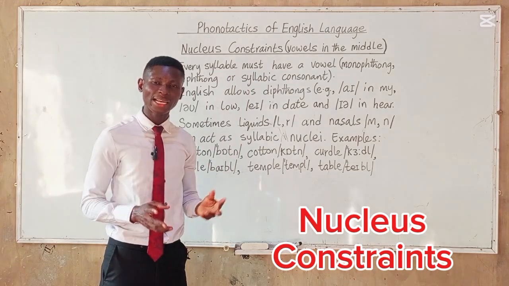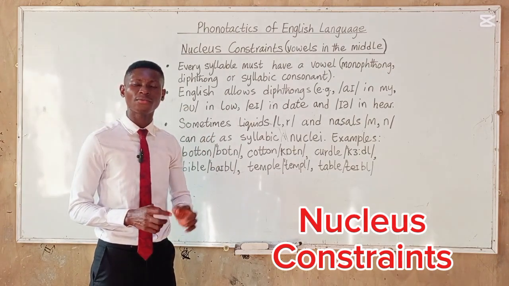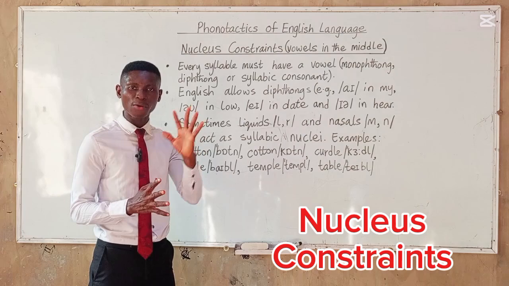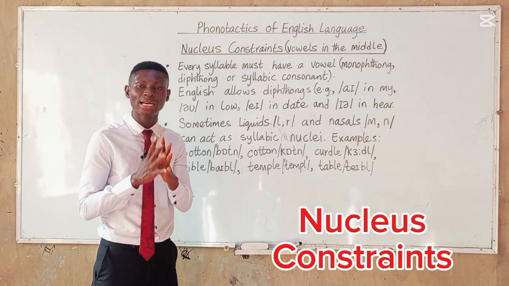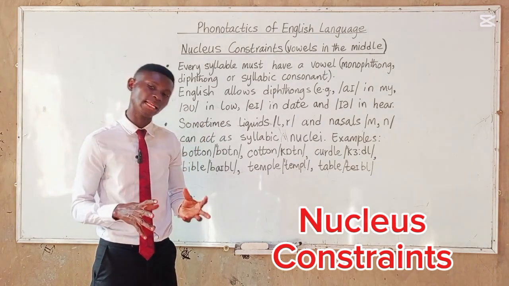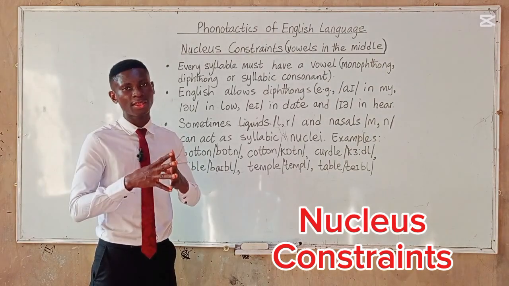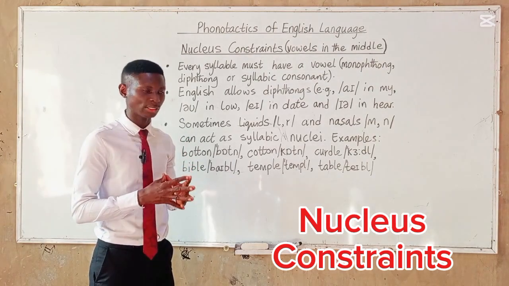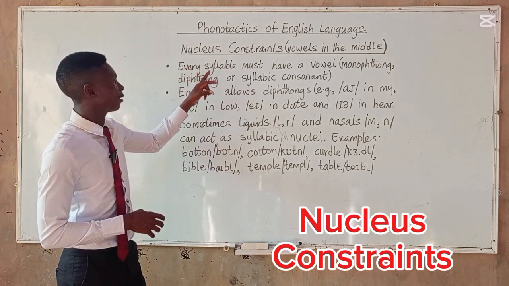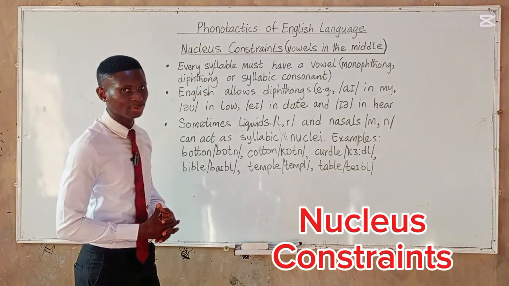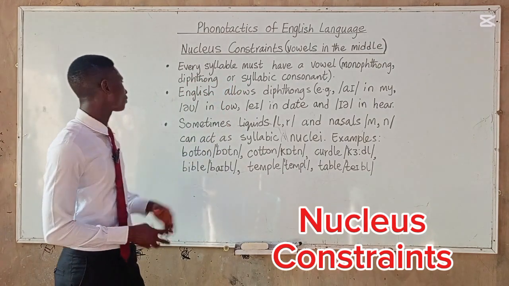A syllabic consonant is a syllable that is made up of a consonant sound, and we have certain specific consonant sounds that can form a syllabic consonant. It is in very rare cases that we have a syllabic consonant. Right. So note that every syllable must have a vowel sound, either the monophthong, the diphthong, or a syllabic consonant.